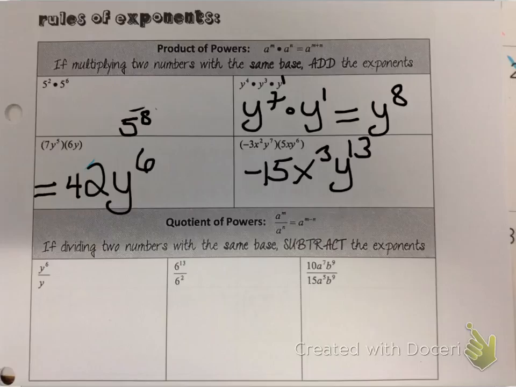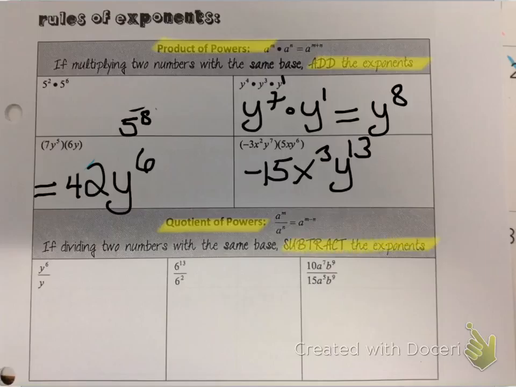So recall when we did product of powers up above, whenever you're multiplying, you are adding your exponents. Well, the opposite of that is dividing, and so if I divide my powers, then instead of adding, I must be subtracting the exponents.